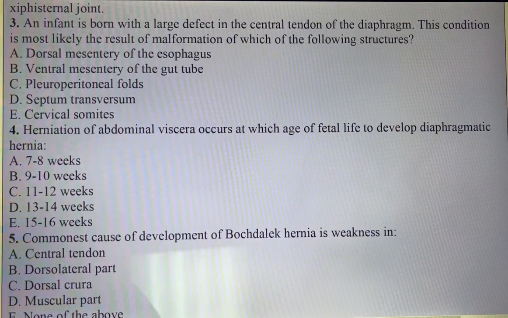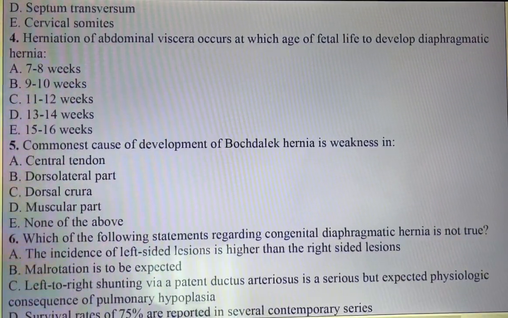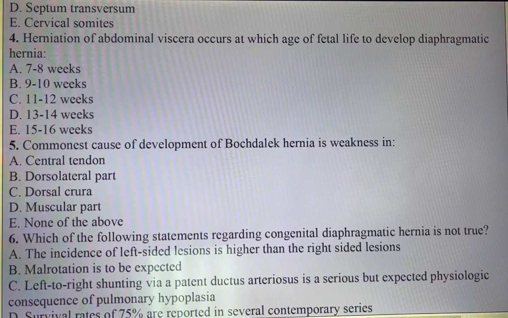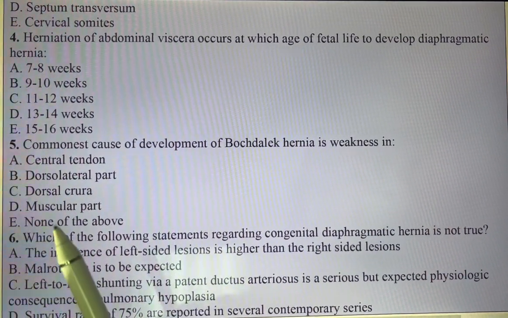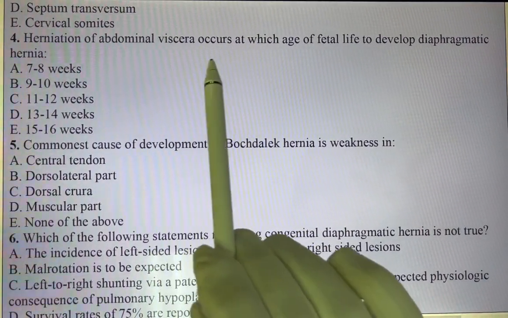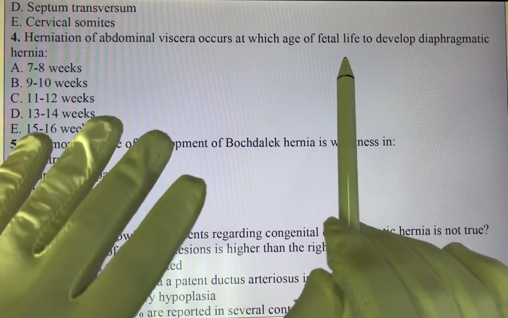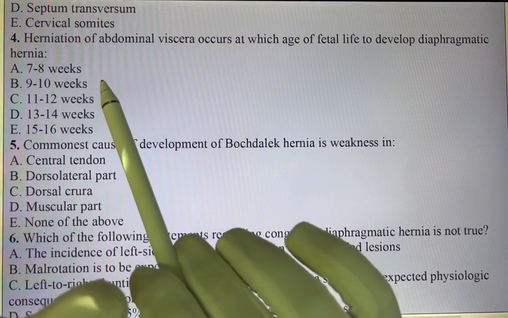Let's go, because it's an easy question actually, to question number 4. Question number 4 is herniation of abdominal viscera occurs at which age of fetal life to develop diaphragmatic hernia?